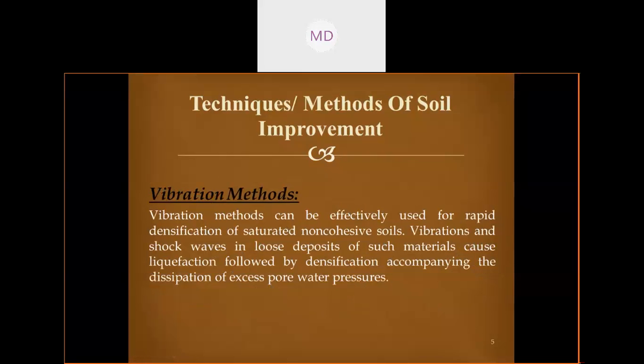So this method of vibration is applied in the case of loose deposits. In loose deposits, vibrations are given with some kind of machine. Some setups are there. With the help of those, vibration is applied to the soil, and as a result the soil gets densified, and the excess pore water pressure gets removed because of the vibrations applied.